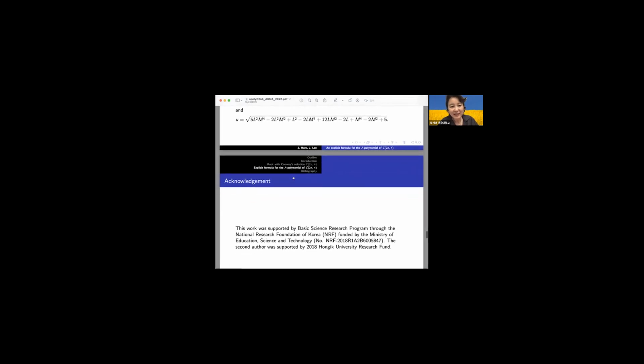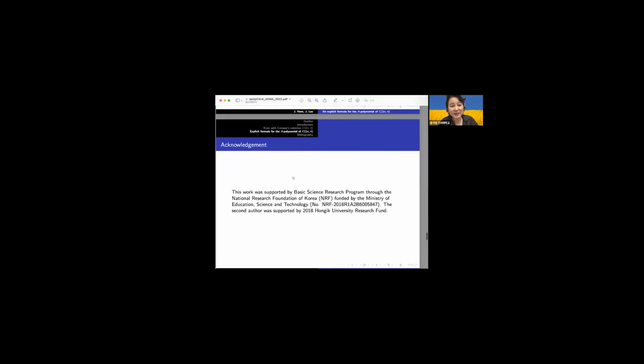But you have a radical, and you want a polynomial, so you multiply Galois conjugates, and then you get the A polynomial here. So the proof is done, and this is the acknowledgement.